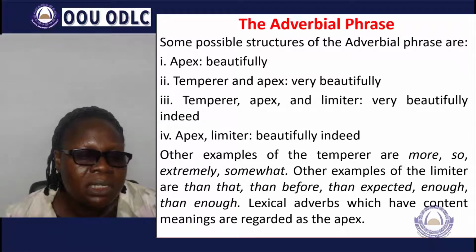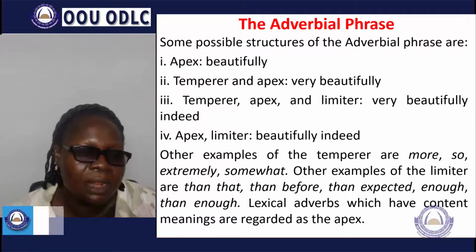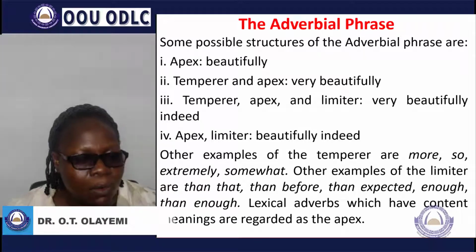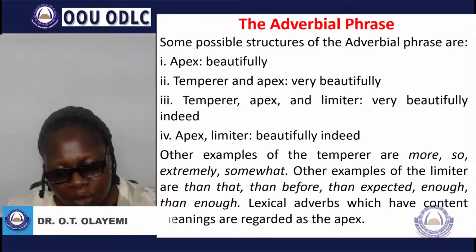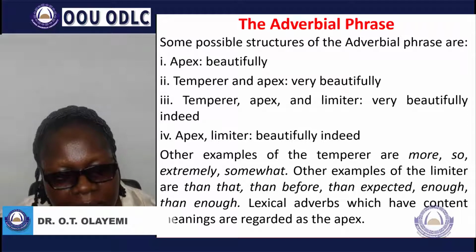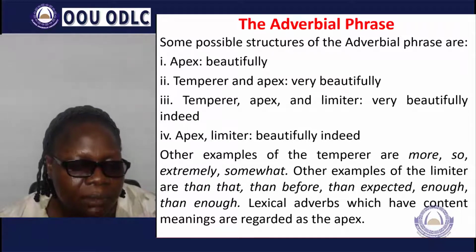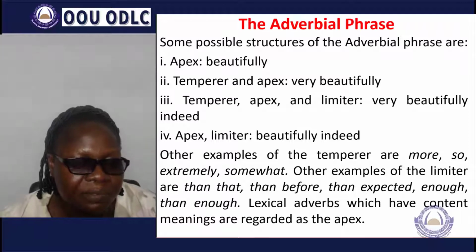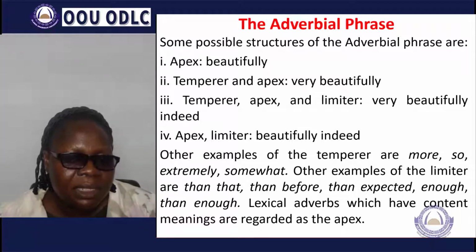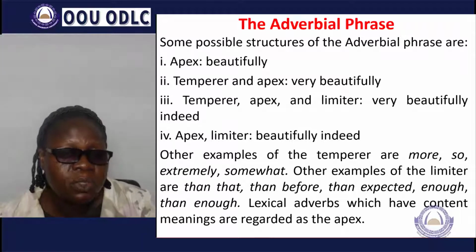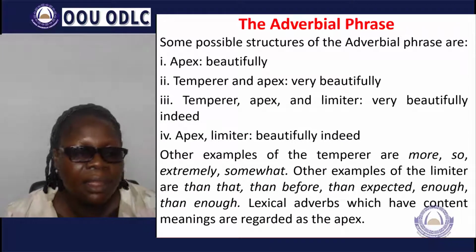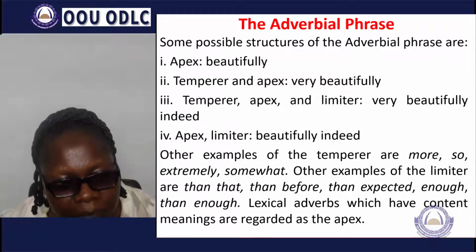If you pick the word beautifully, that's an adverb, and it can occur alone in the structure of the adverbial phrase. In the sentence, she sings beautifully, the adverbial phrase is beautifully, and in it we have only the apex, which is beautifully.